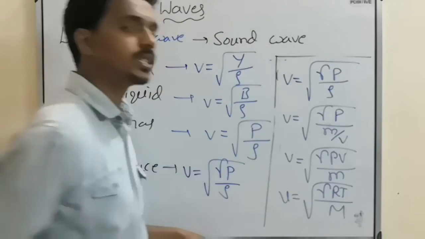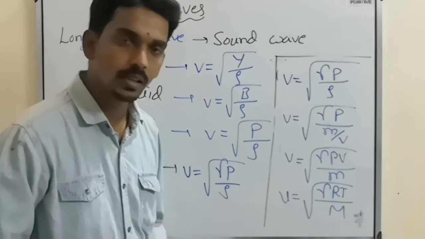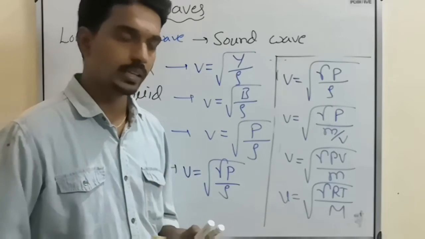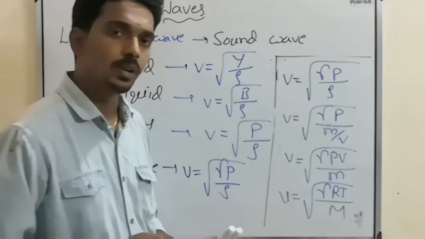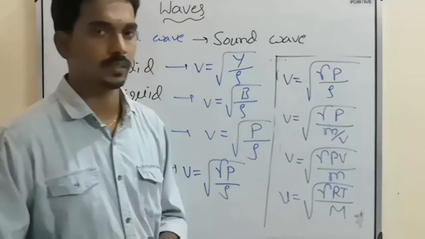And this is the most important relation among all these relations, because for the purpose of NEET or CET, this is the equation based on which they often ask questions.